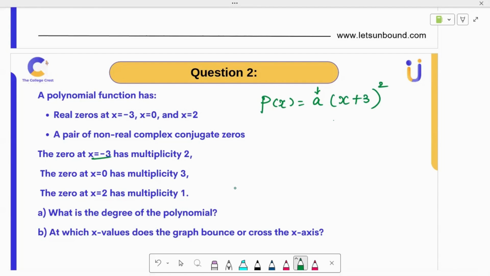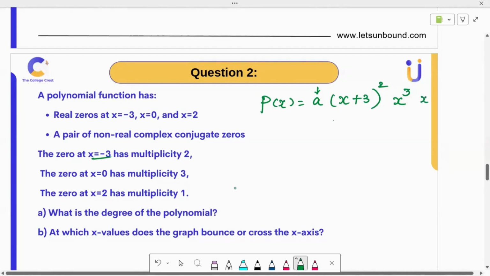Then x equal to 0 is a zero means simply we put x, and multiplicity 3 means cube. x equal to 2 is a zero means x minus 2 is a factor and multiplicity 1, or you can just leave it. And for a non-real complex conjugate pair, there will be a quadratic factor. Let me put x minus alpha into x minus beta. So they are complex conjugates.